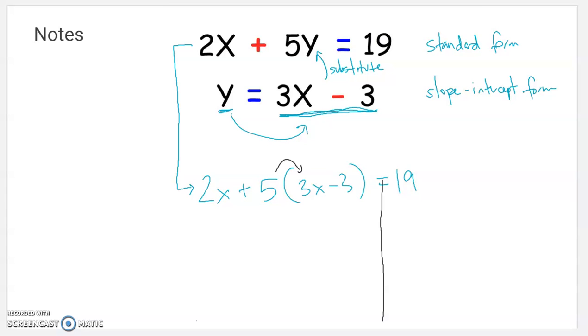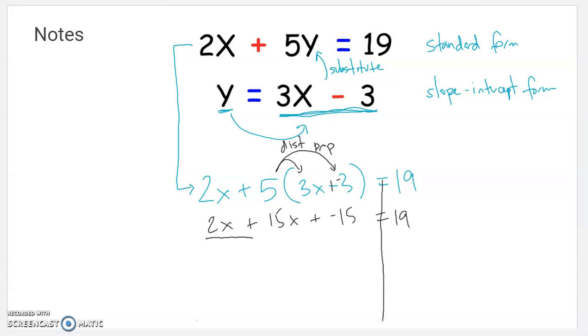I'm going to start with the distributive property here, plus opposite. So I'm going to have 2x plus 15x plus negative 15 equals 19. First step, distributive property here, if you want to write that, dist prop.